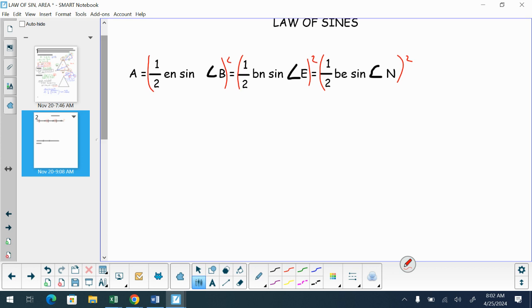When we multiply by 2, this 1/2 goes bye-bye. So we're left with EN sine of angle B is equal to BN sine of angle E, which is going to equal BE sine of angle N. We're just multiplying through by 2, getting rid of the fraction, because we don't like to deal with fractions.